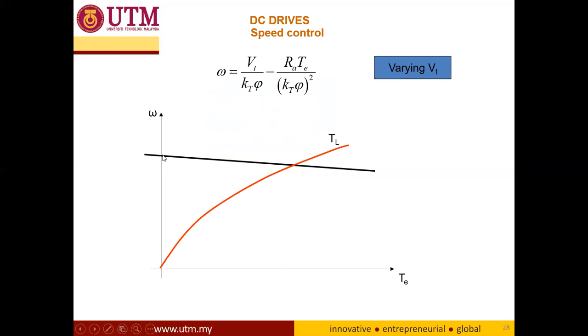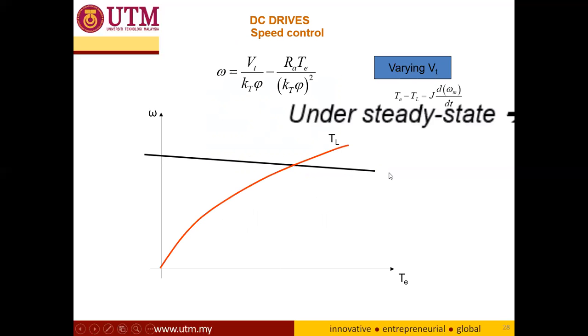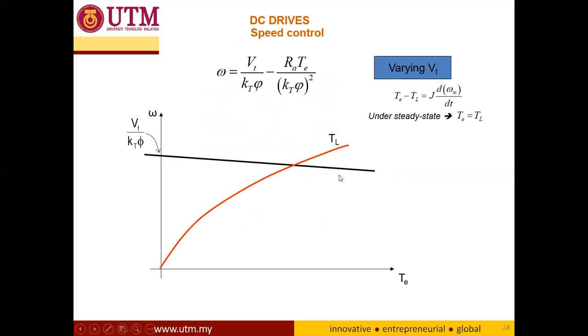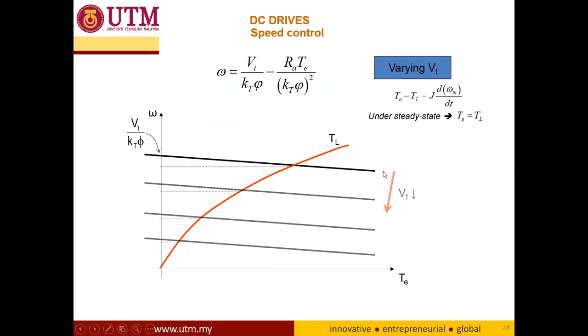So this is the characteristic of speed for voltage number 1, for example. When you reduce the voltage, you have a different characteristic, so you have a different no load speed, and so on.